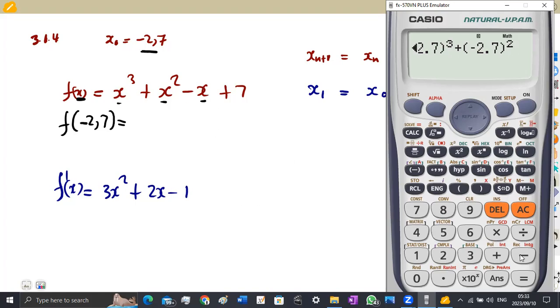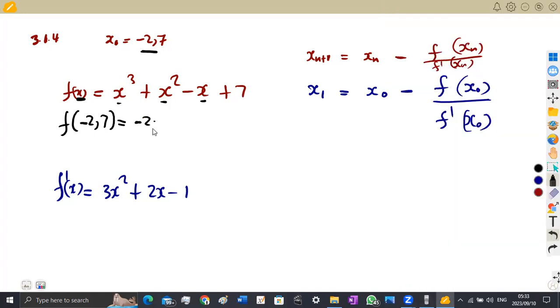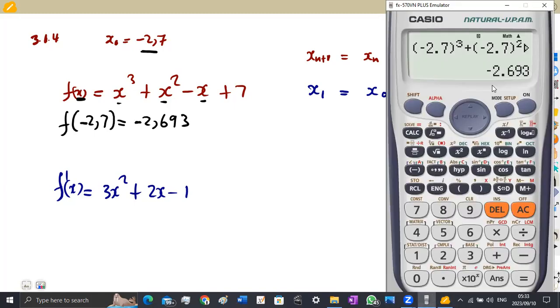Then minus x, so minus our x, which is negative 2,7, plus 7. This is going to give us negative 2,693. This is the value that we are obtaining from our original function f of x when x is minus 2,7.